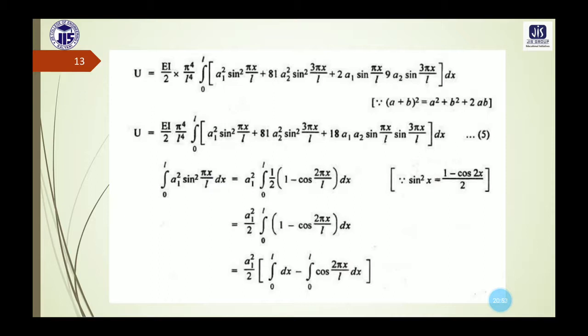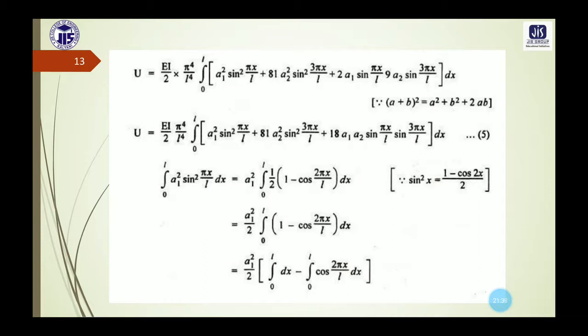So EI by 2 into pi to the power 4 by L to the power 4 integration 0 to L. The first part is a1 square sine square pi x by L. Then the b square will be 81 a2 square sine square 3 pi x by L. Plus we have 2ab, where a is a1 sine pi x by L and b is 9 a2 sine 3 pi x by L, then dx. So this is our equation number 5.